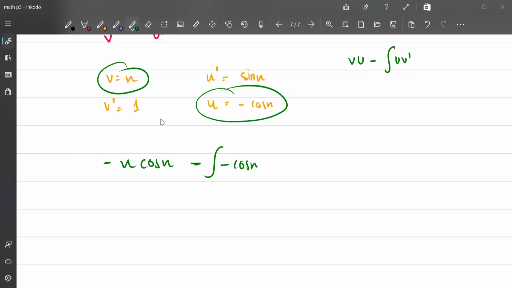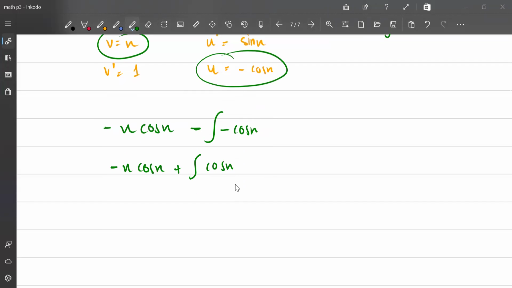Basically, integration by parts involves double integration because now you will have to integrate this as well. So negative x cos x, and if the negative goes outside, it turns positive cos x, and the integral of cos x is sin x. Negative x cos x plus sin x, and don't forget to add plus C, which is the standard when integrating.